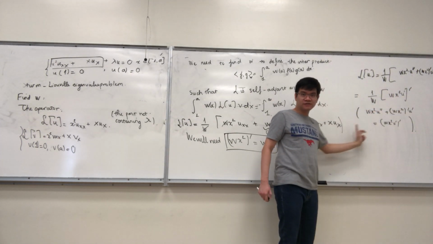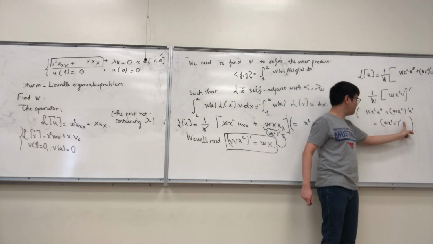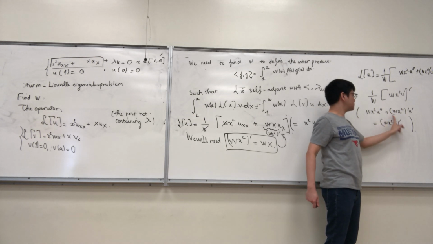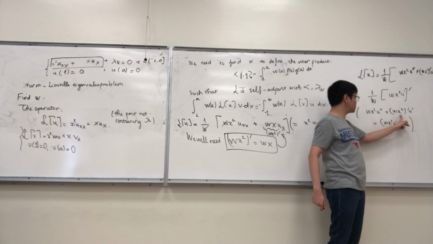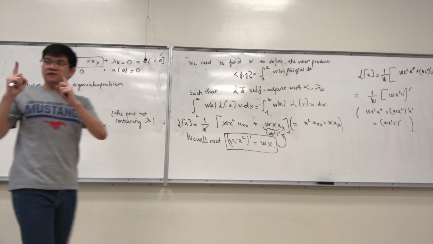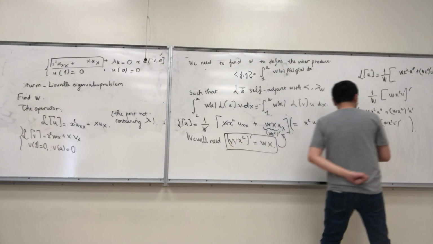Right, so this is a product rule. So you have wx squared u prime prime will be wx squared u prime prime plus the derivative of this one times u prime, so you have wx squared prime u prime. Questions?